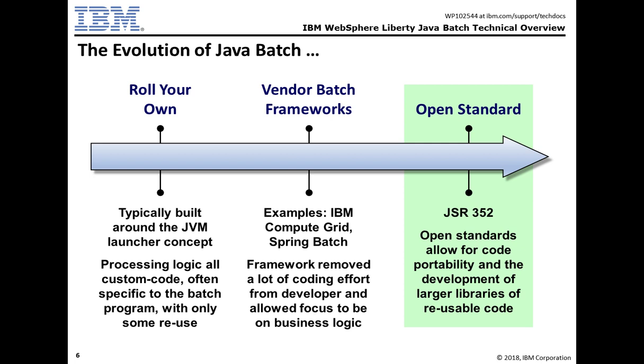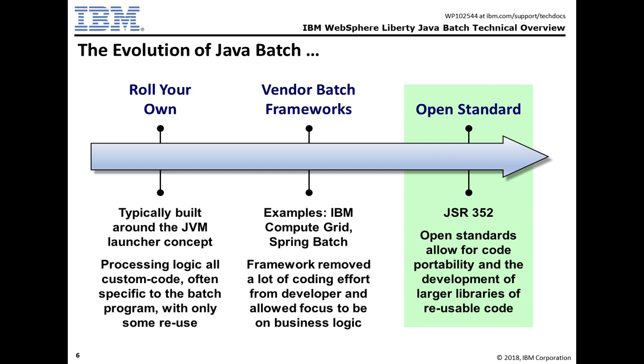And you don't really want your app guys necessarily doing that, so that leads vendors to come out with their own frameworks. And so IBM has done that with WebSphere Compute Grid, Spring Batch is out there with some others, and that's all great, and so people start using those, but now you're locked into a vendor, and so we get pressure to create an open standard.